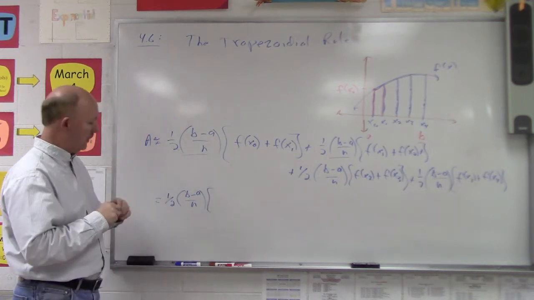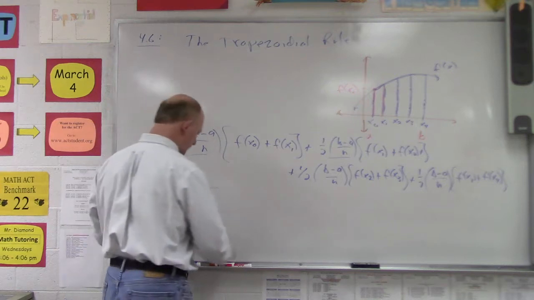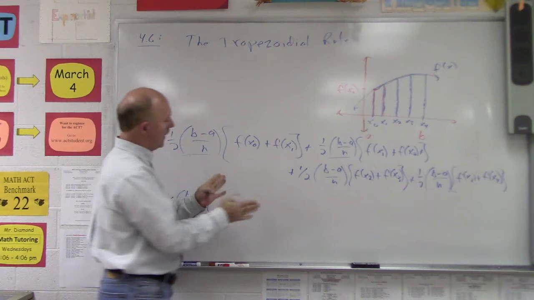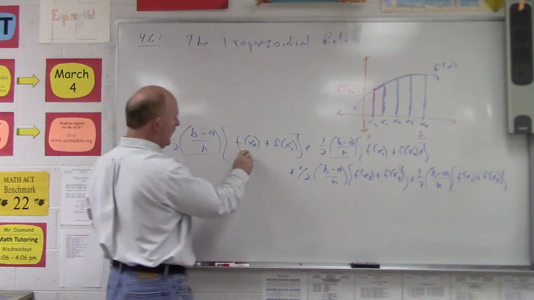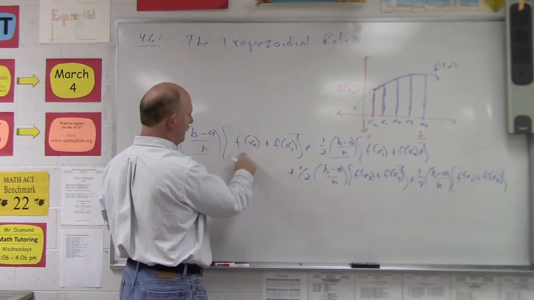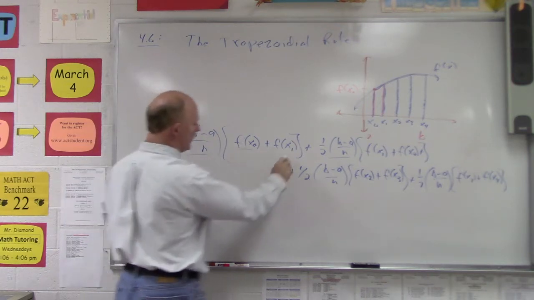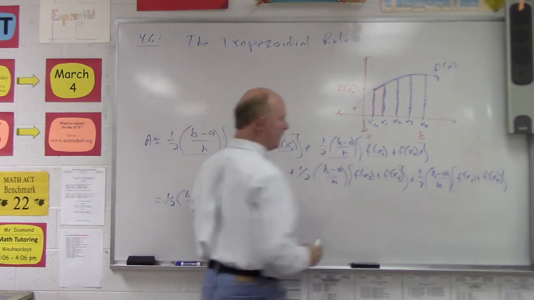Times, now if you look at your trapezoids here, we'll have a couple of like terms. First of all, we have one base here, so f of x of 0, plus f of x of 1, and f of x of 1 again.